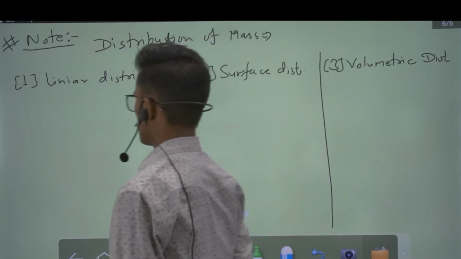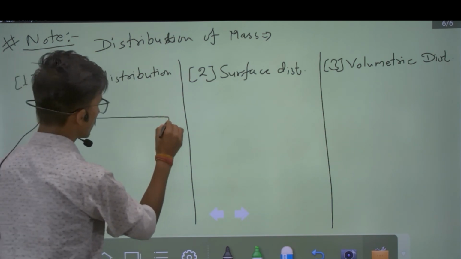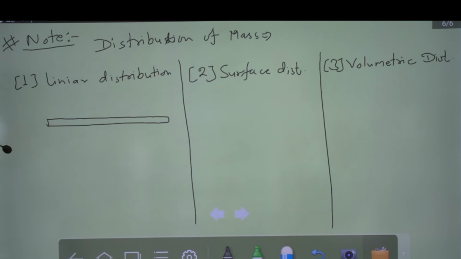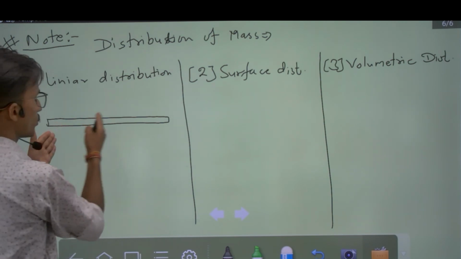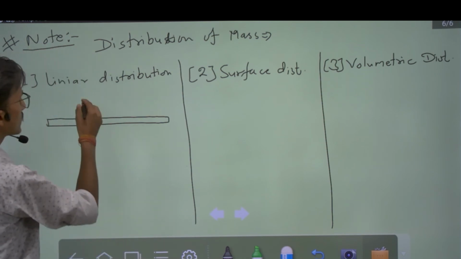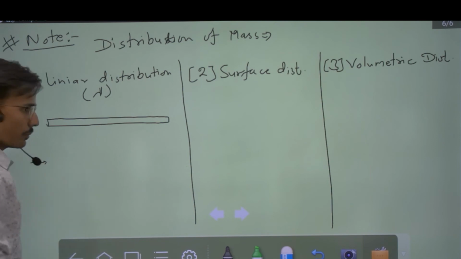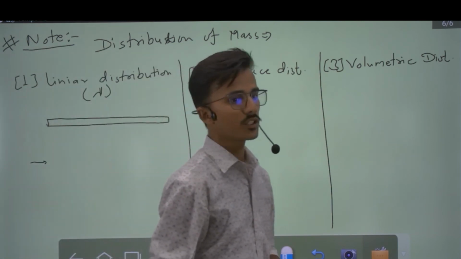Linear distribution means the mass is distributed in a line, like this. This is the example of a rod. In a rod, the total mass is distributed in a line, right? That is known as lambda. What is the meaning of lambda? Lambda is the mass of unit length.